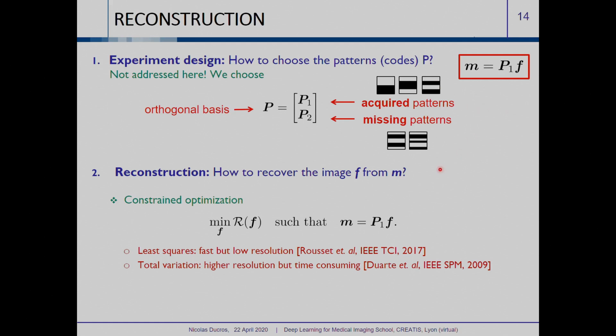To invert this system, we can use the traditional reconstruction algorithms that I briefly presented at the beginning of this lecture. They optimize a cost function, or this can also be formalized as a constrained optimization, where we minimize a regularizer under the constraint that M equals P1 F, and different kinds of regularizers can be considered.